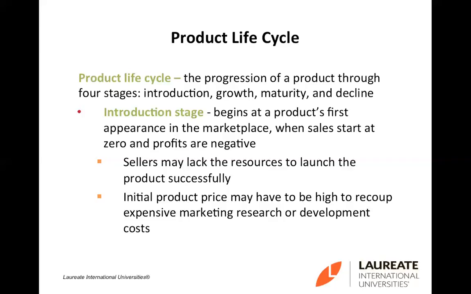Why is sales low? Because the awareness is still low. Therefore the possible marketing objective in here is to stimulate the brand awareness and trial. Therefore, that will affect the marketing activities, the marketing mix variables for introduction stage.